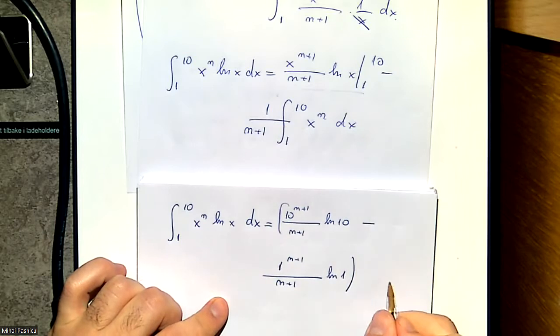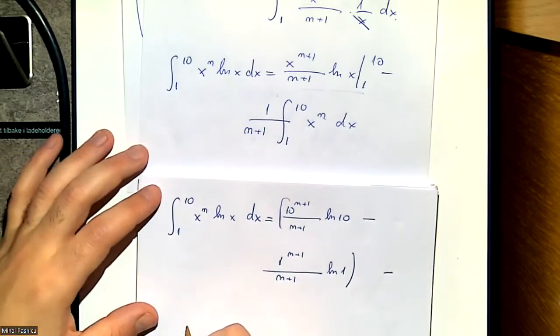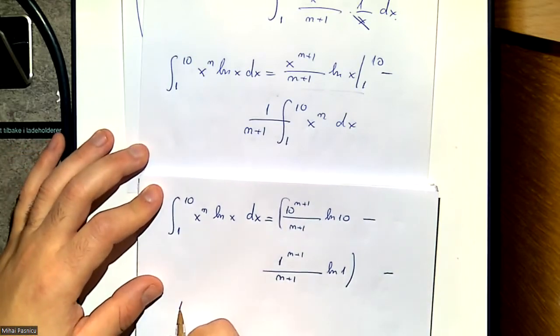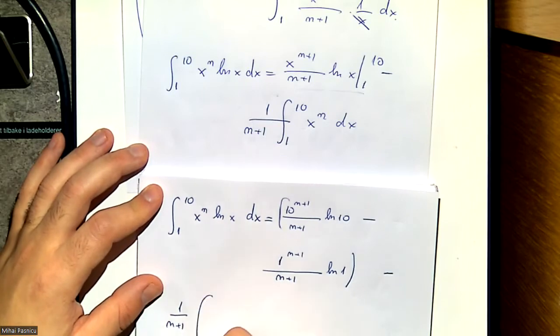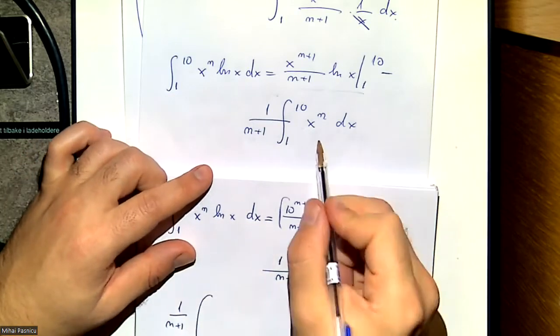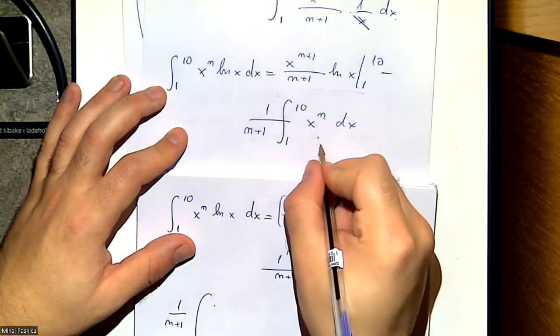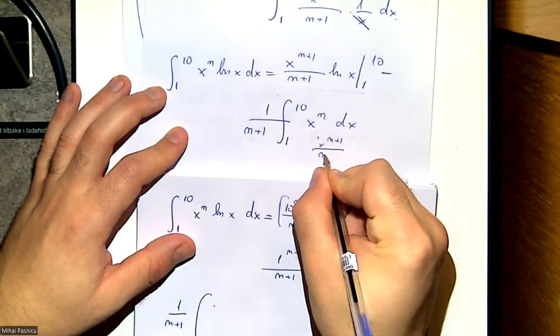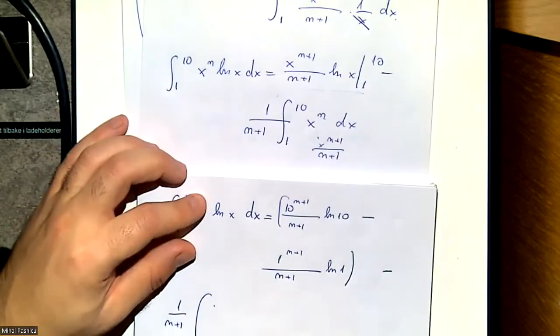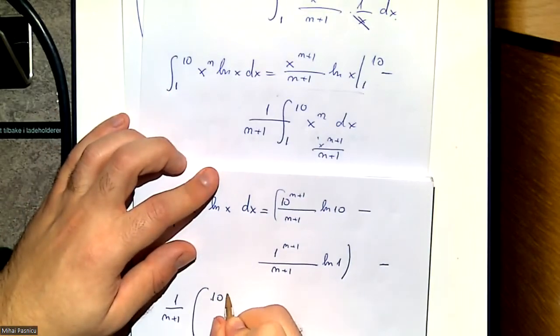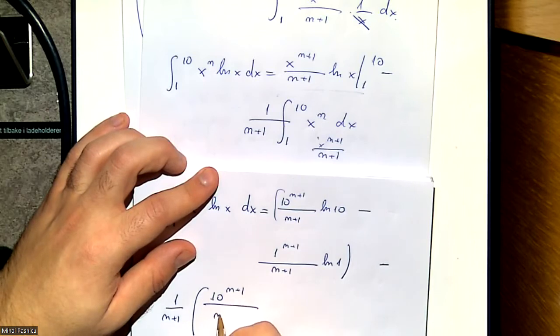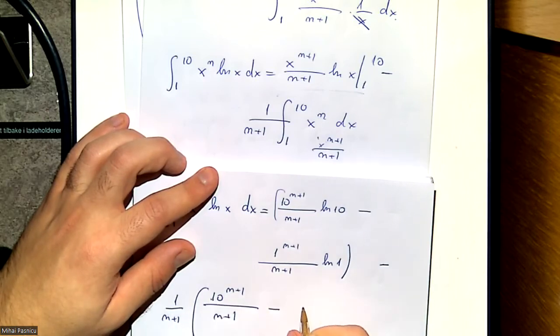And then I'll have minus the second integral, which is right here. This integral we already computed, this is just x^(n+1) over (n+1). So it's just 10^(n+1) over (n+1) minus 1 over (n+1).